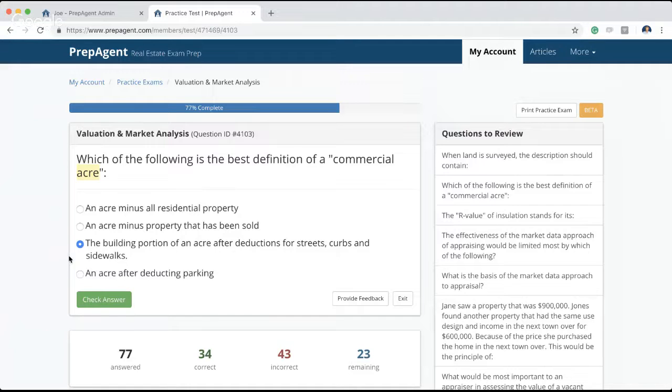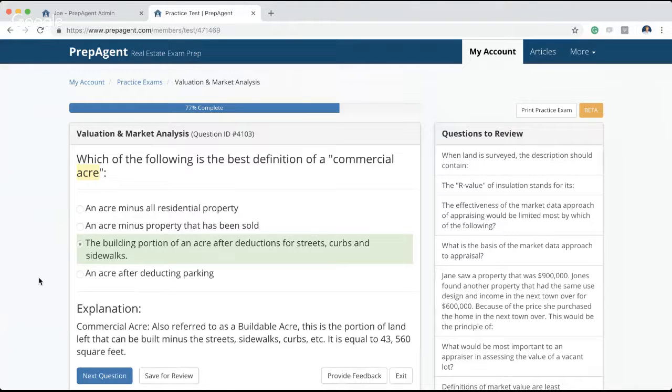Okay, so a commercial acre is then that number minus the building portion of an acre after deducting streets, curbs, and sidewalks. Great job, everybody.